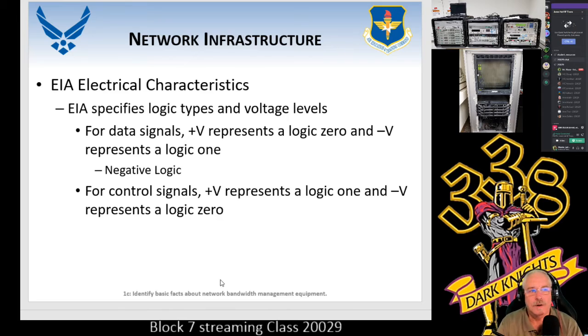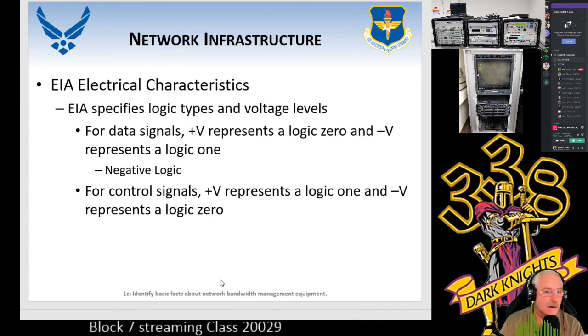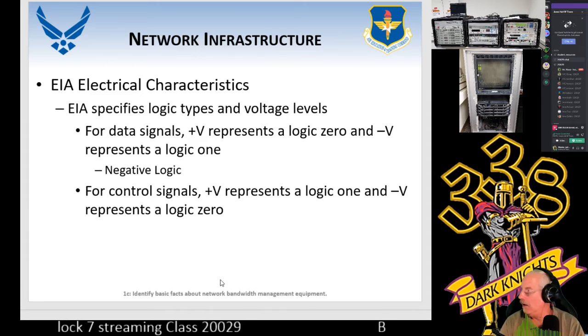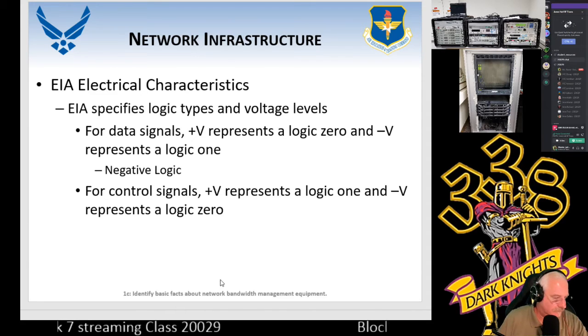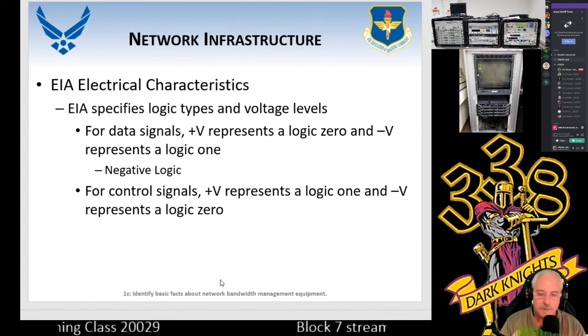So we have had some things in the past, and I've had to deal with this on the OJ314 console, and they had a lot of digital problems with it, and one of them is they dealt solely with negative logic.